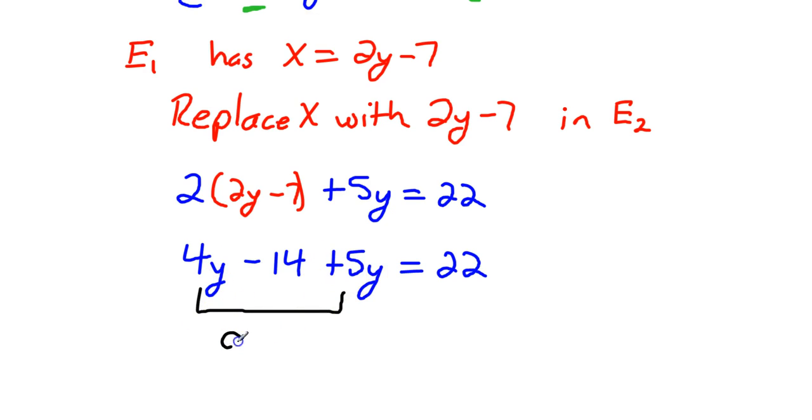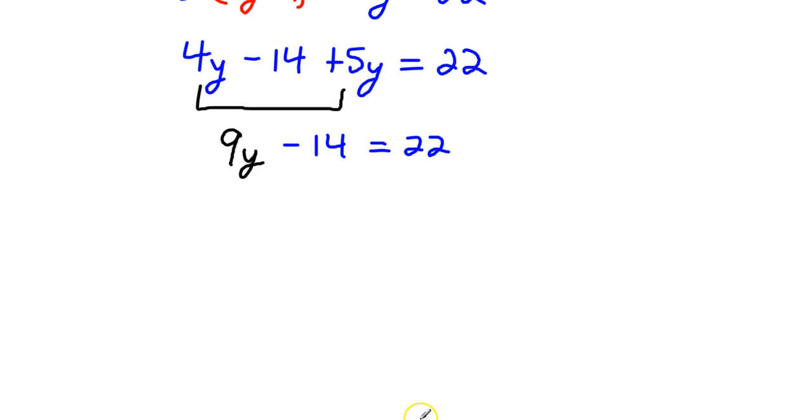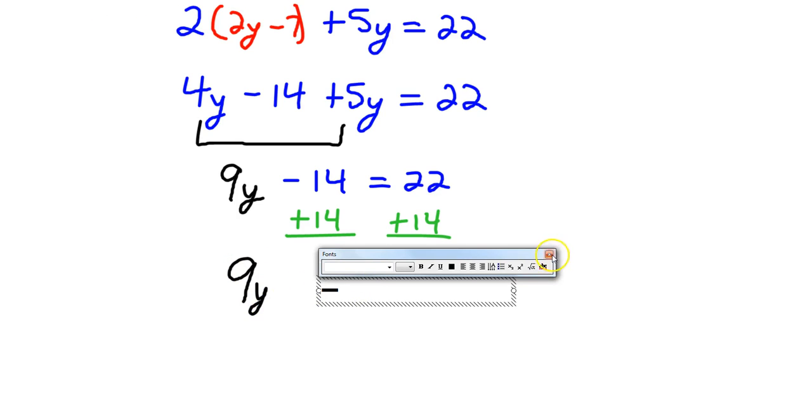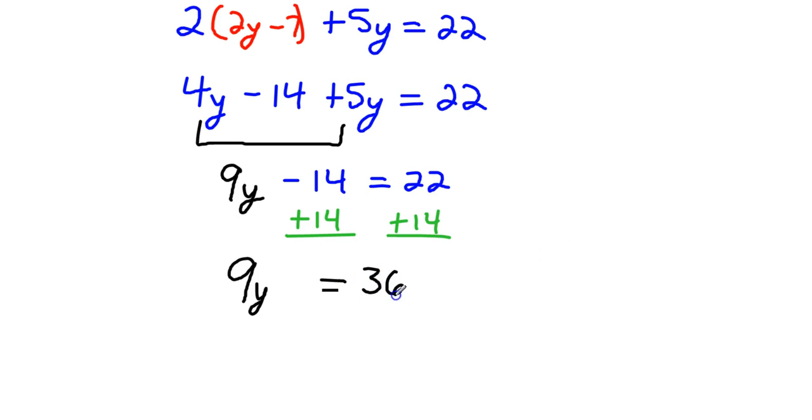So you've got 4 plus 5 for 9y, minus 14 equals 22. Add 14, so 9y would equal 36. Cool. And then dividing 36 by 9, you get y equals 4.